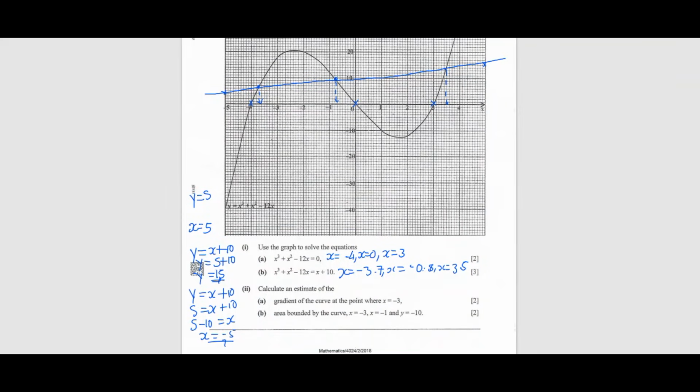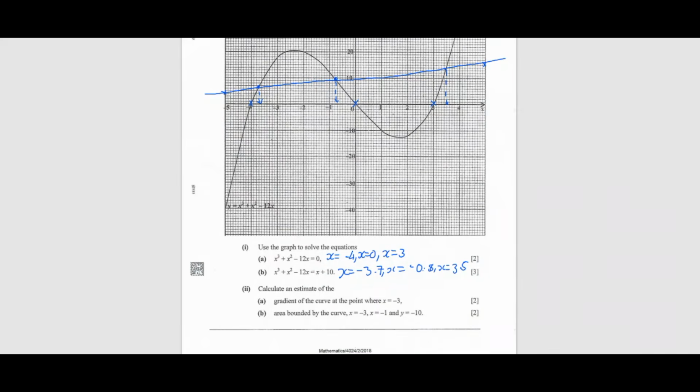Then let's go to the other question. Here we want to calculate an estimate of the gradient, and we have been given the x coordinate for that point. There are two ways in which we can find the gradient. First we are going to use the tangent.